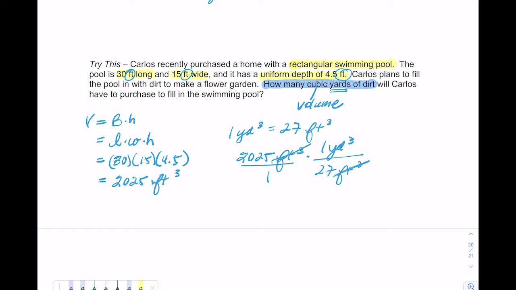And now all you're going to do is get 2,025, and you're going to divide that by 27. 2,025 divided by 27. And when you divide them, you should get 75 cubic yards.